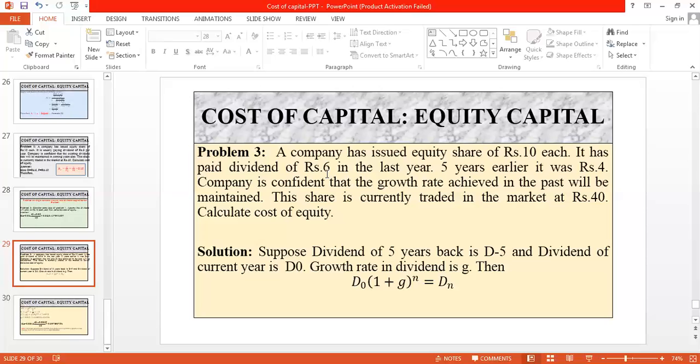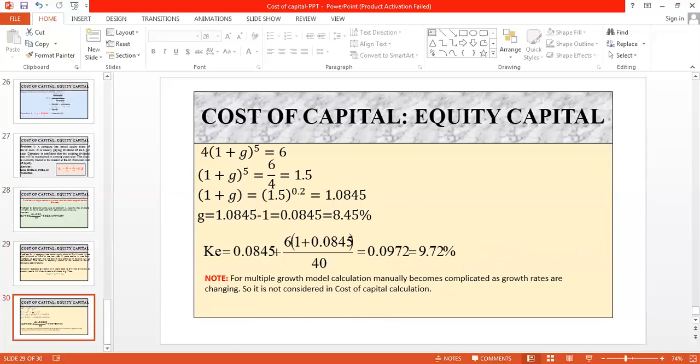So apply rupees 4 in place of D0, n is equal to 5 years, and Dn is equal to rupees 6. On the basis of that, the calculation shows that the growth rate is 0.0845.